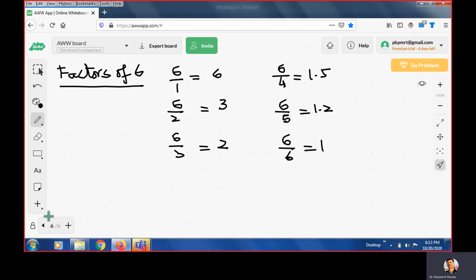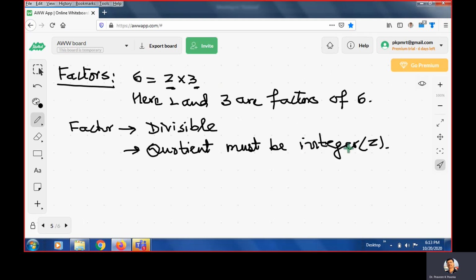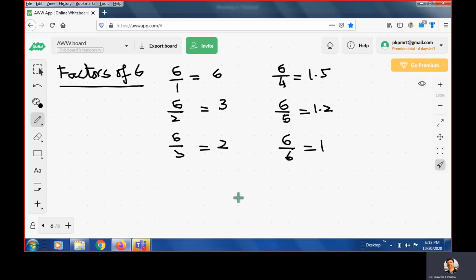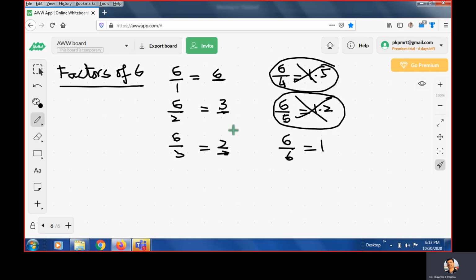Clear? If you go to the previous slide, I told you the answer must be an integer. Here, look, this is an integer, this is an integer, this is an integer. This is not an integer because we are getting a decimal answer, so we will cut it. Here also we get a decimal answer, so we will cut it. So only 4 places give an integer outcome.